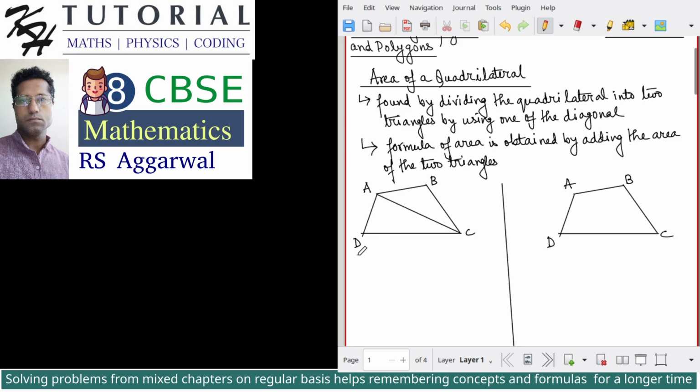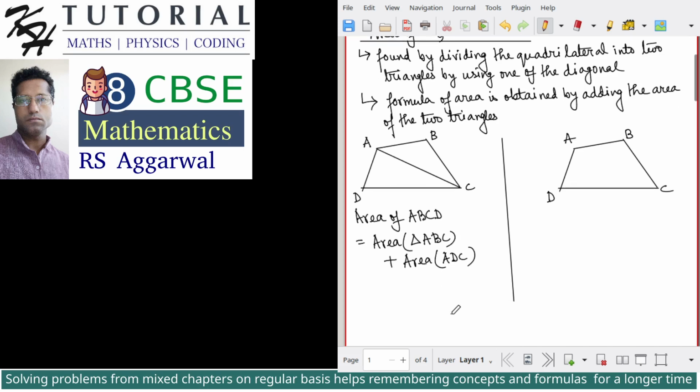So the area of the quadrilateral ABCD will be equal to the area of triangle ABC plus the area of triangle ADC.